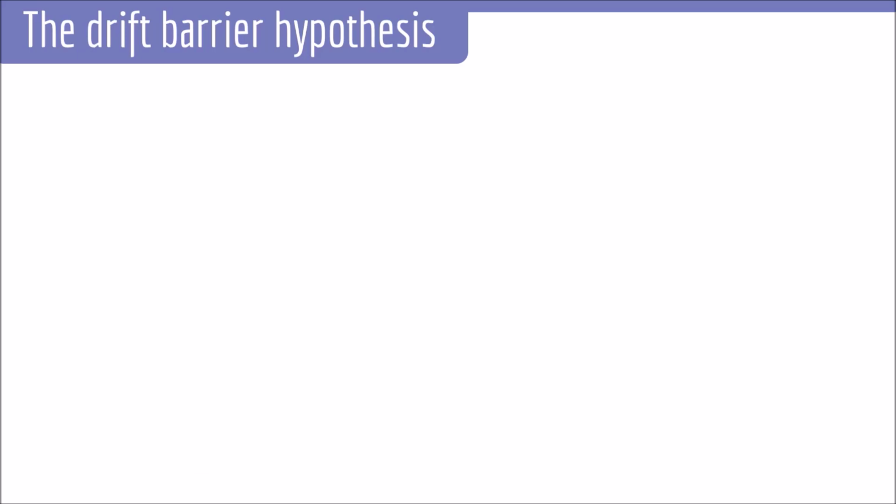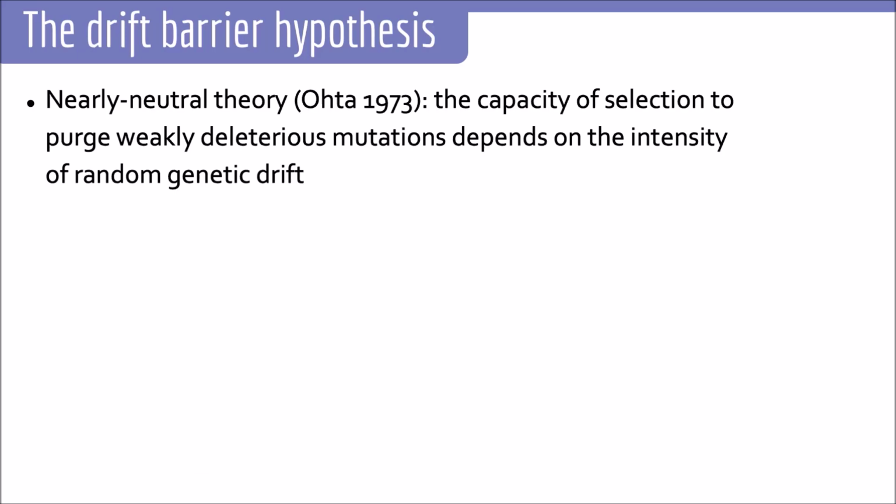This model derived directly from the nearly neutral theory that was developed by Tomoko Ohta. And this theory states that the capacity of selection to purge weakly deleterious mutations depends on the intensity of random genetic drift.